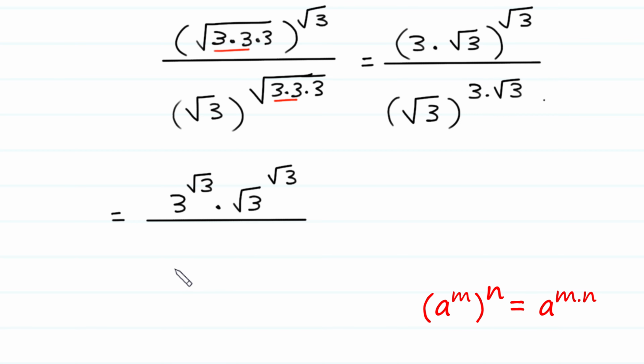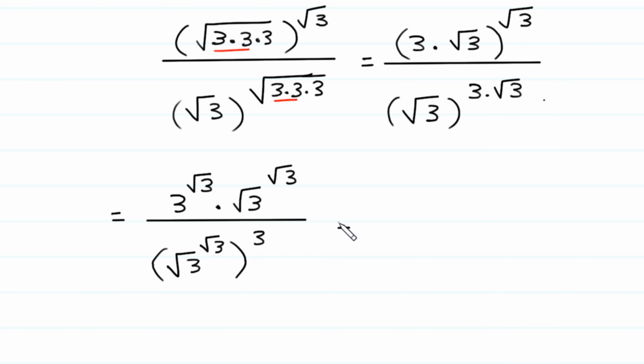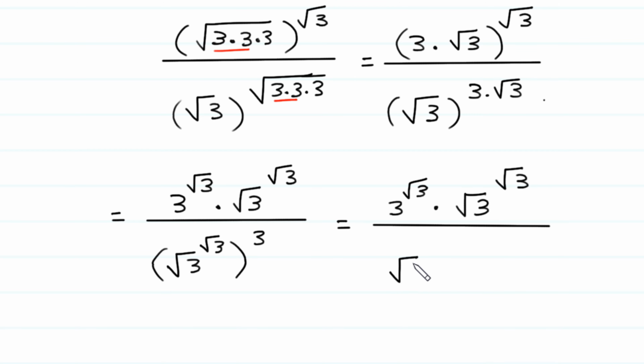Like this, square root of 3 to the power, this power square root of 3 is written inside the brackets. To the whole power, this power 3 remains outside the brackets. Next, 3 to the power square root of 3 times square root of 3 to the power square root of 3 divided by square root of 3 to the power square root of 3 to the whole power.